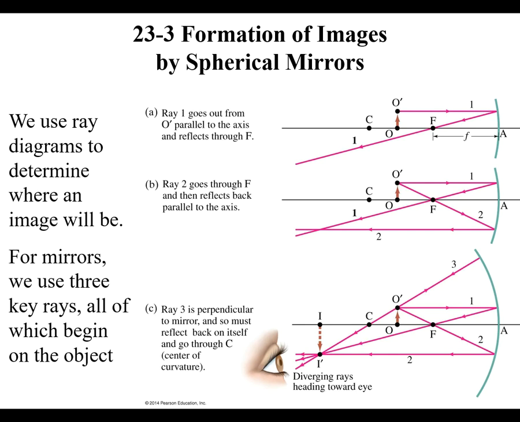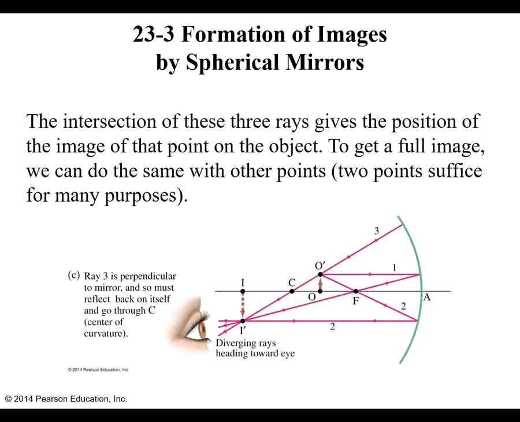We're talking about the main part, the part of the spoon that dips downward. So you can actually experiment with a concave mirror using your breakfast spoon. So there are many other points we could have used to get a full image, but these three lines are enough for a concave mirror.